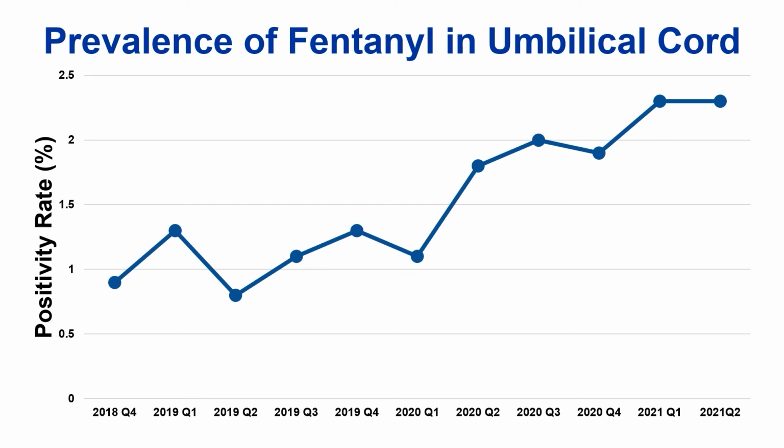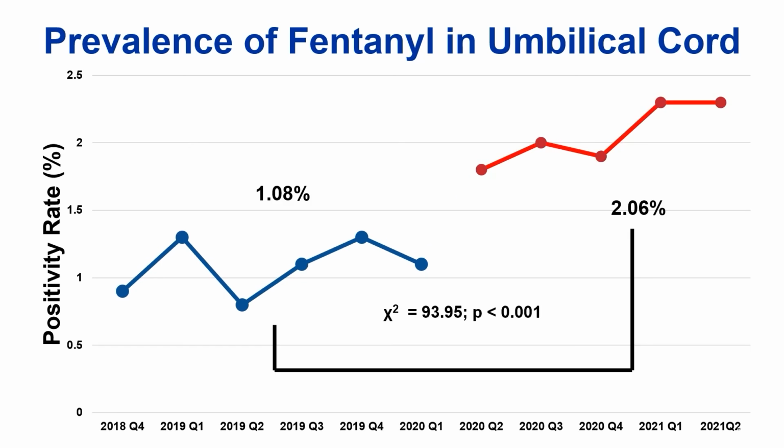We separated out the prevalence rate starting in the second quarter of 2020 to date, and then 2020 quarter one to prior, and those two positivity rates almost doubled. Prior to COVID, we had a positivity rate of 1.08%, and after COVID began, we started seeing fentanyl in the 2.06% range, and those two prevalence rates are statistically significant.